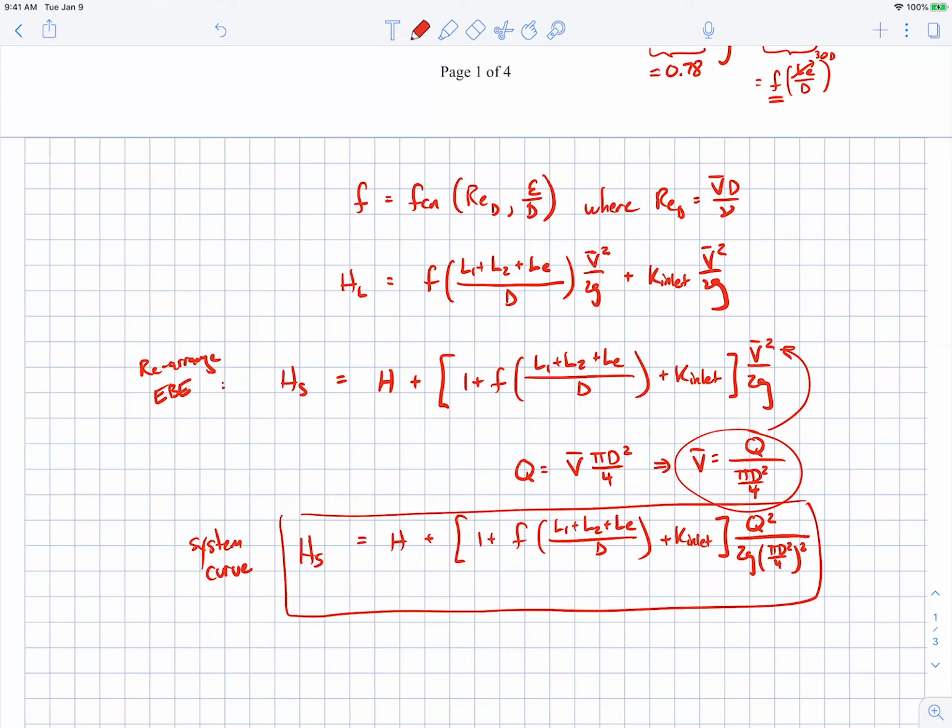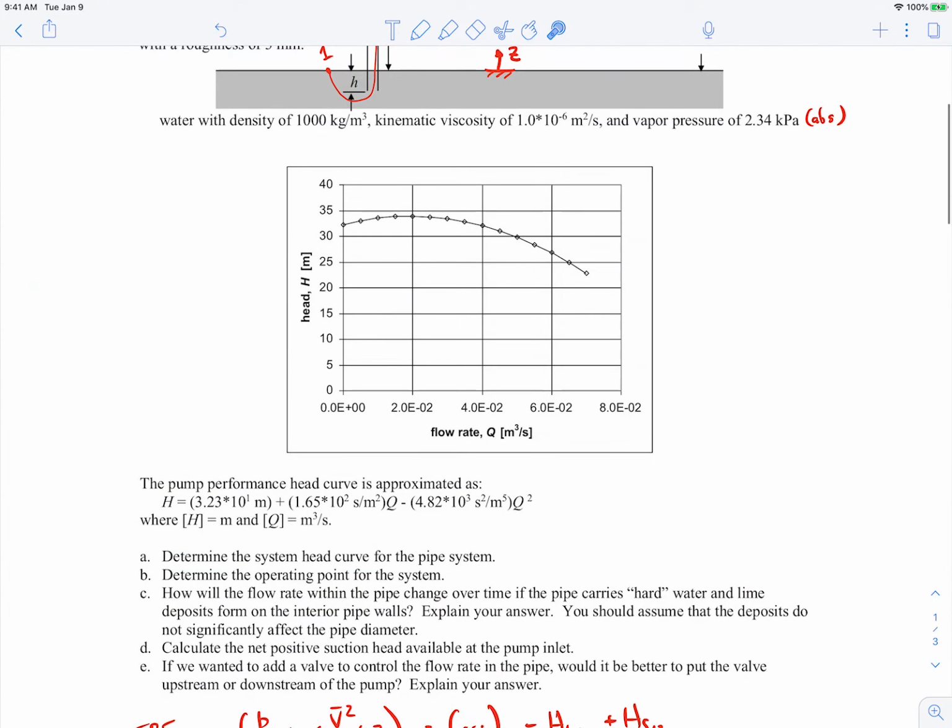What this means is, again, this is the head rise we need from our pump to go at that volumetric flow rate. Now, in order to find the operating point, we need to see where the system curve matches the pump curve. This is what we need from our pump to go at that flow rate, but the pump can provide this much head at that flow rate.